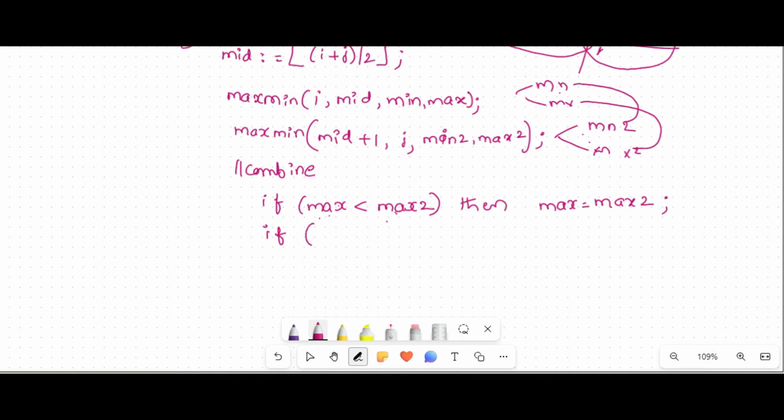Similarly, if the first minimum is greater than the second minimum element, then the minimum element will become min2. Close this if block, close this if block.